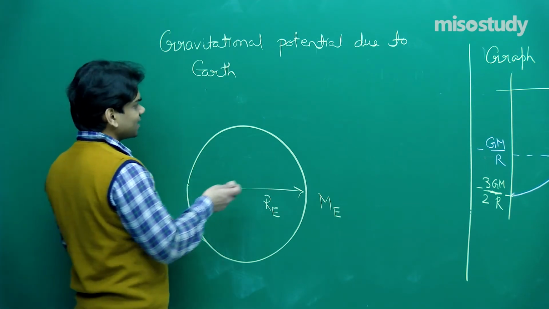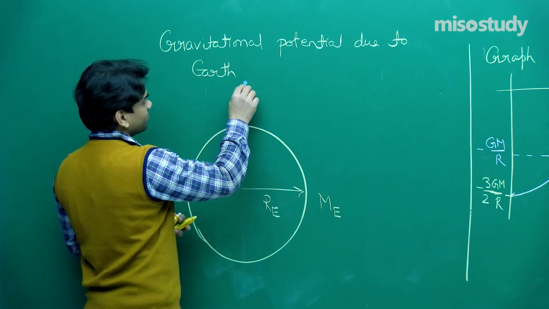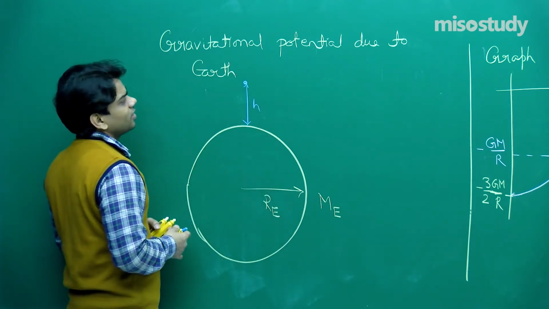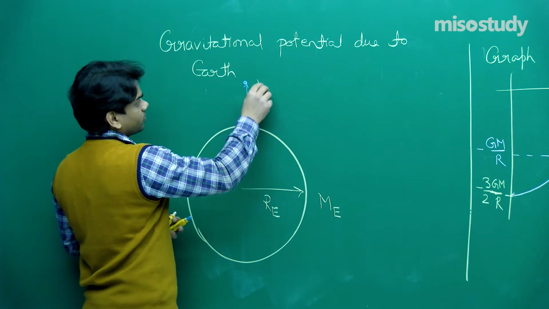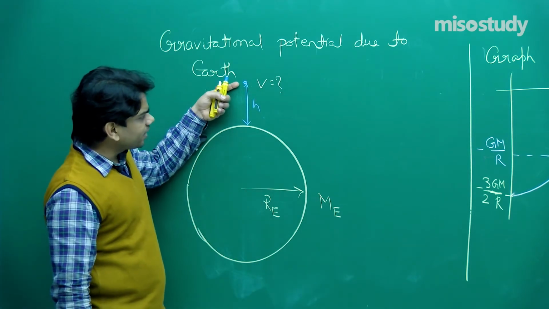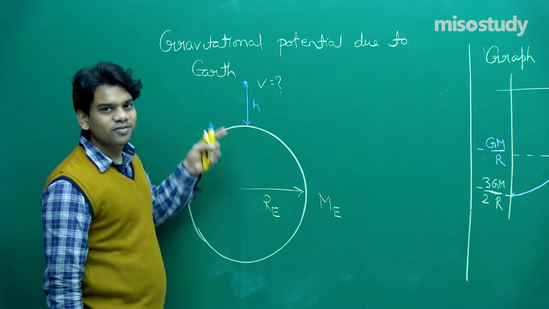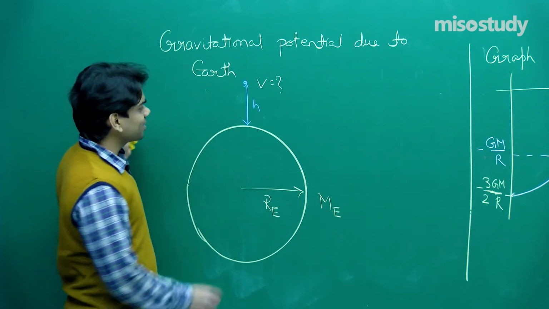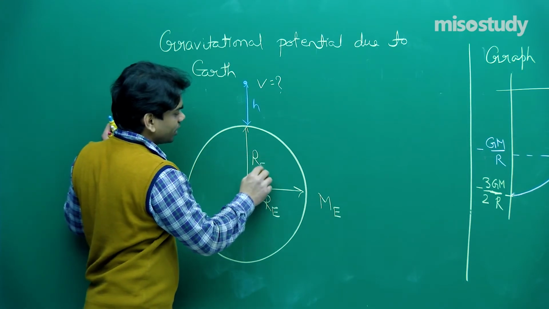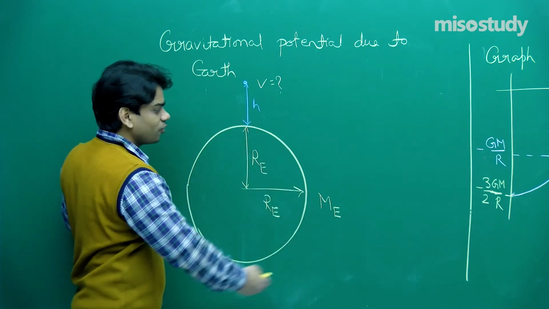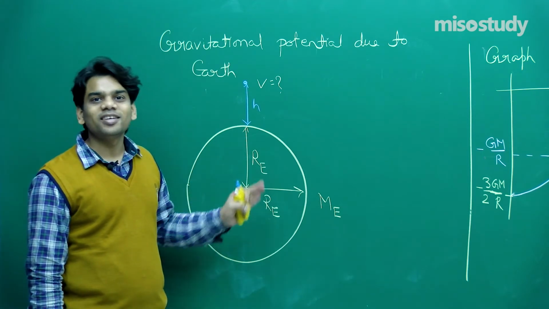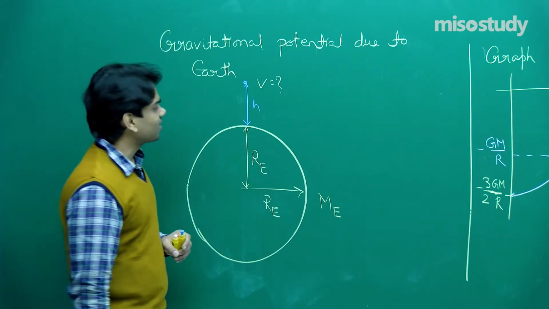Suppose at any height h, we are interested to find out the value of potential at this point. What will be the value of potential at this point? The distance from the center of the earth will be Re plus h. We are considering it as a uniform solid sphere, mass is uniformly distributed and everywhere the radius is the same, we are taking the radius of earth as Re.